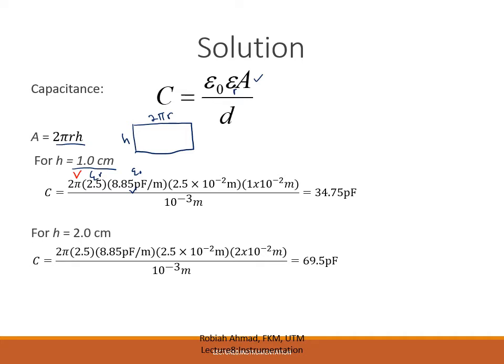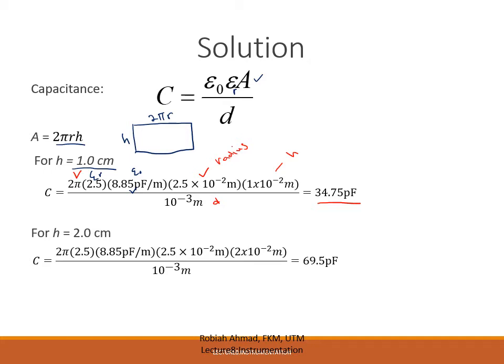This is r, the radius. Okay, this is radius, and this is h here. So h is 1 cm. Divide by d here, 1 mm. So putting this value into the equation, for h equal to 1 cm, we get 34.75 picofarad.